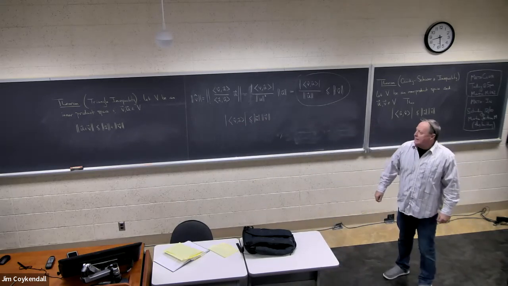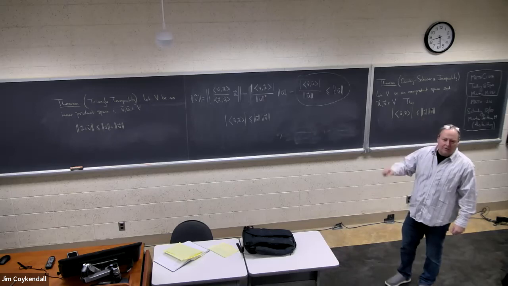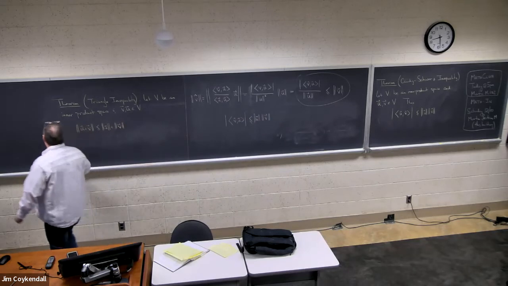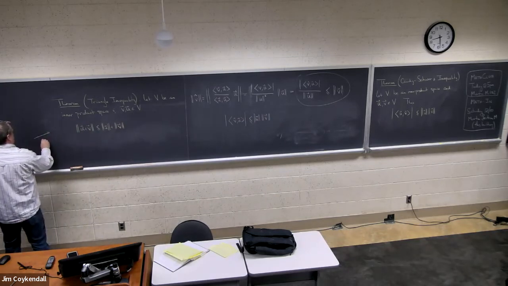If you look at the vector U and the vector V, you can think of this sort of geometrically this way.